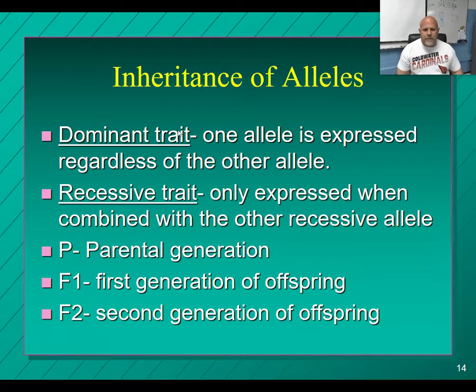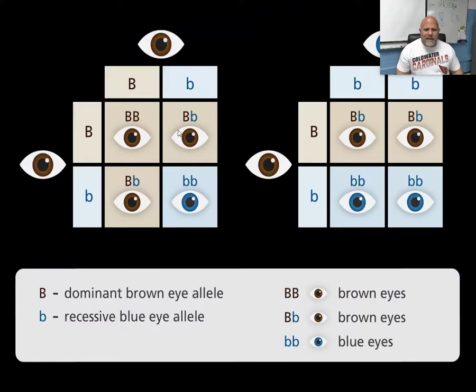We also have the terms dominant and recessive. So a dominant gene is one that is expressed or shows up if it's present. So you can see in this diagram, anywhere we see a big B, you have brown eyes.